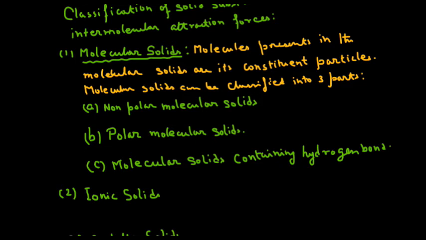Third is molecular solids containing hydrogen bond. In this type of solids, atoms like hydrogen form polar covalent bonds by combining with electronegative atoms like fluorine, oxygen or nitrogen. The strong hydrogen bond in them keeps them in bound state. Substances like ice are examples of this type.